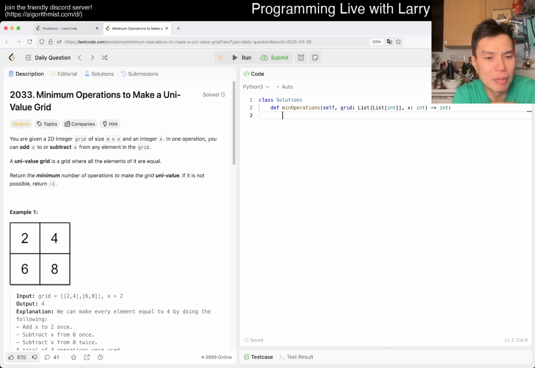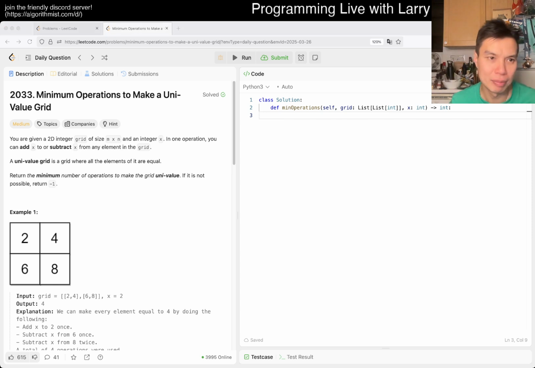After that, my intuition would just be to take the median value. This is something that comes up here and there, but the idea is, we have a grid, but it doesn't have to be a grid. It's just an array, really, because there's nothing that deals with height or width.